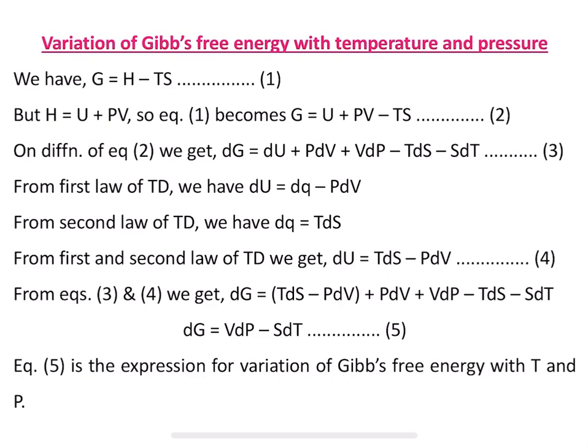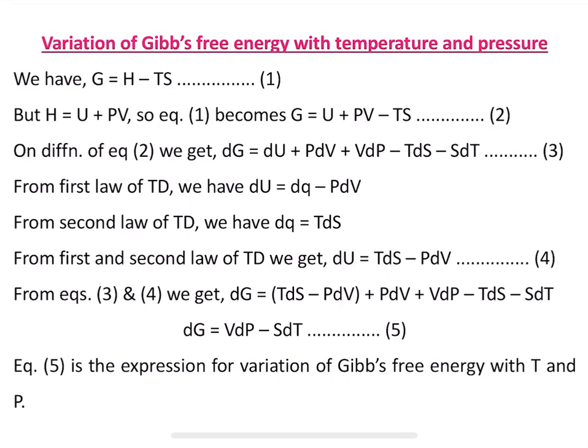This is how we define free energy, and we also derived a mathematical term which defines it. Further, we deduced two equations: one is Helmholtz free energy, symbolized by capital letter A, and next is capital letter G, which is known as Gibbs free energy. We also saw the relationship between Gibbs free energy and Helmholtz free energy.